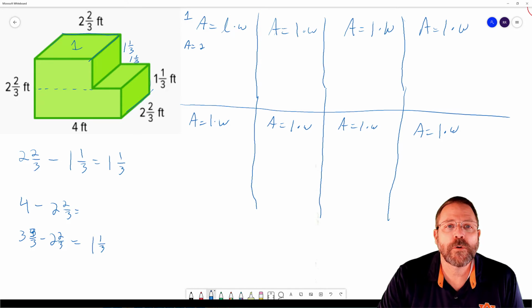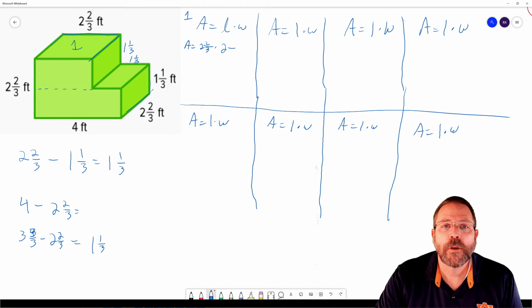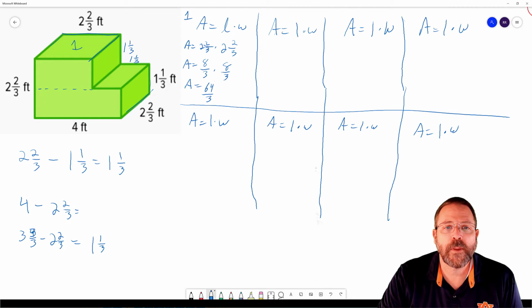So area is equal to 2 2/3 times 2 2/3. That means area is equal to 3 times 2 is 6 plus 2 is 8/3 times 8/3, which means the area is 8 times 8 is 64 and 3 times 3 is 9, and we have our first rectangle.